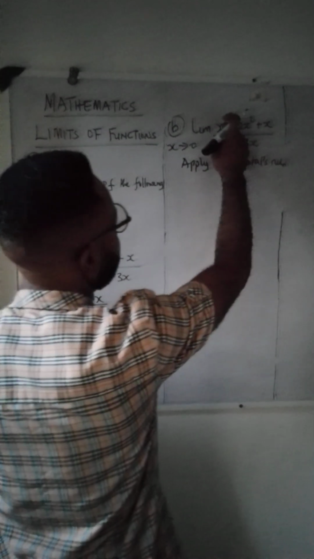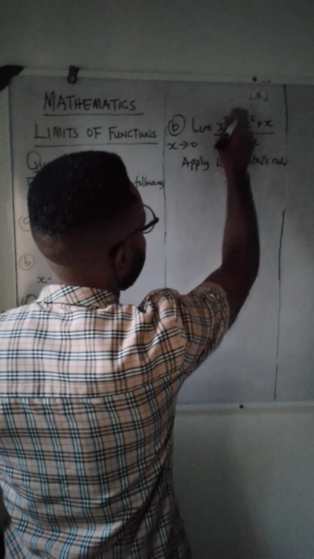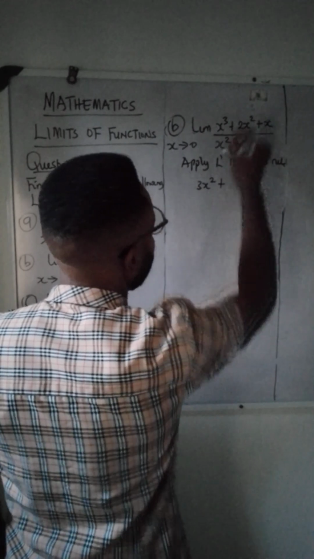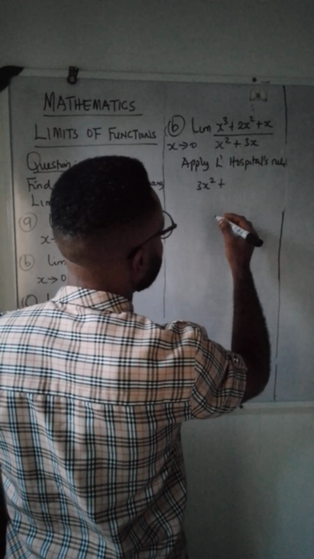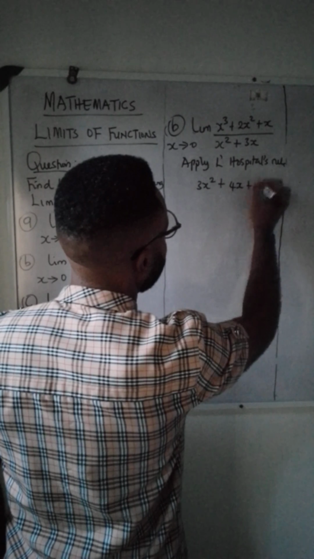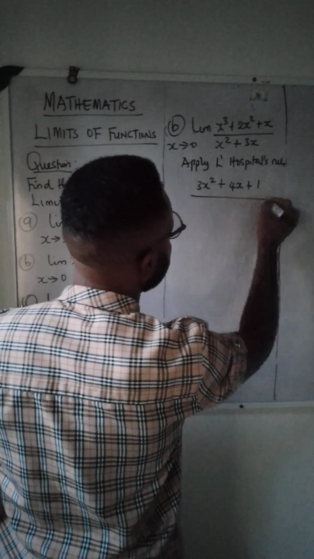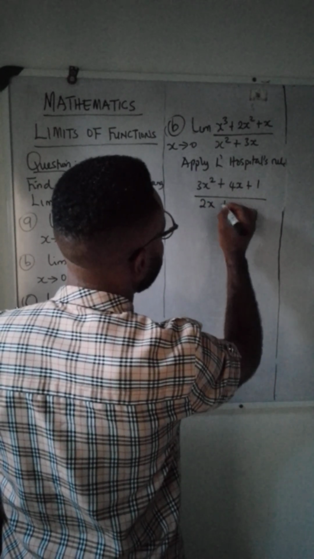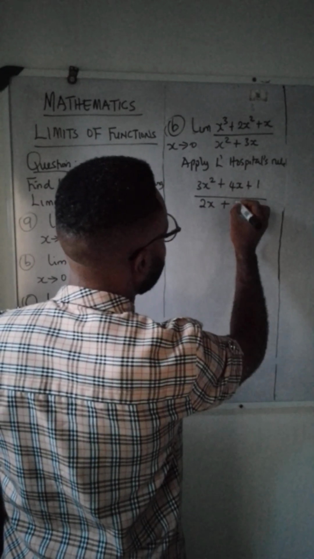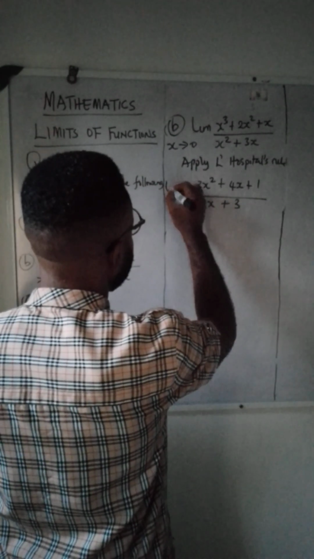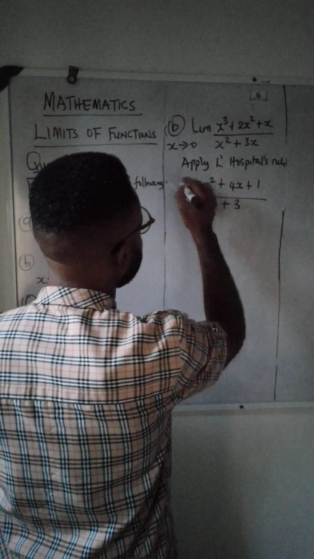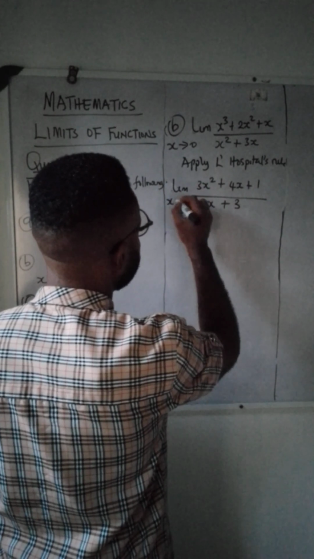When we differentiate x cubed, it will give us 3x squared, plus, when we differentiate 2x squared, it will give us 4x, plus, when we differentiate x, it will be 1, divided by, when we differentiate x squared, it will be 2x, plus, when we differentiate 3x, it will be 3, as x tends to 0.